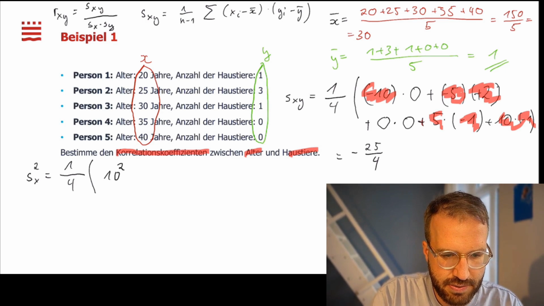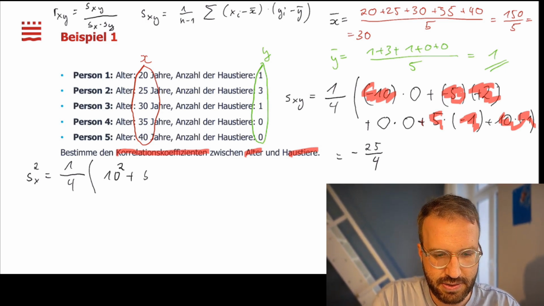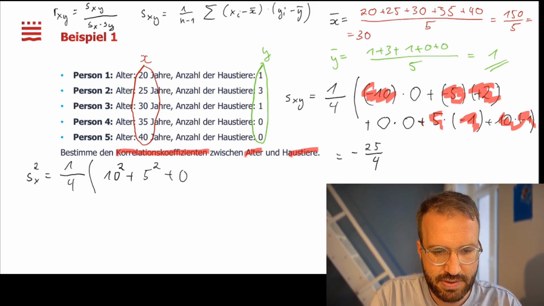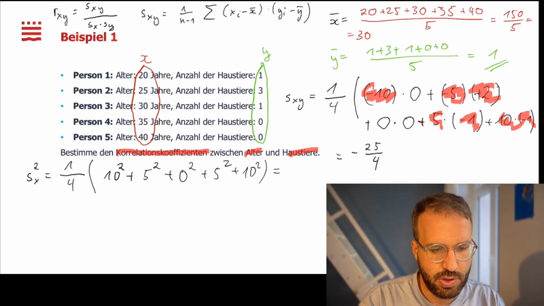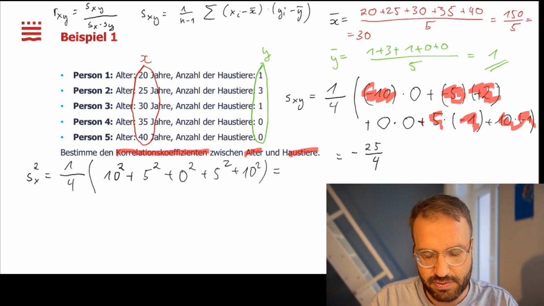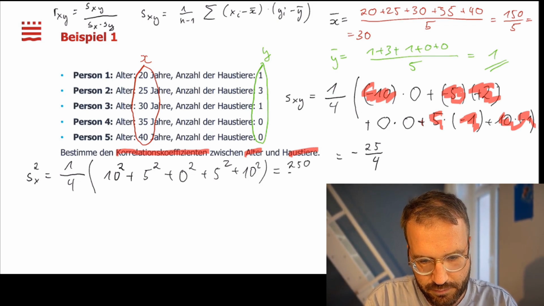Now we have 25. The distance is 5, so 5 squared. Then we have 30. There is no distance. Then we have again 5 squared, and again 10 squared, so that we have a total of 100, 125, 125, 150, 250, divided by 4.